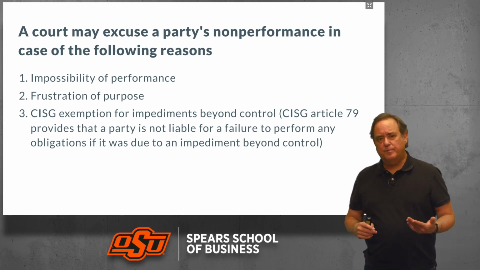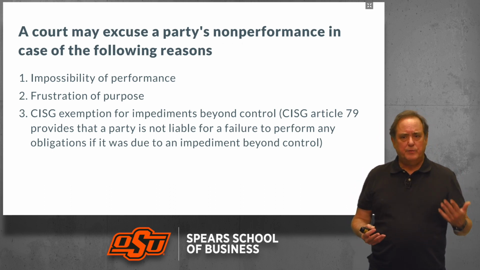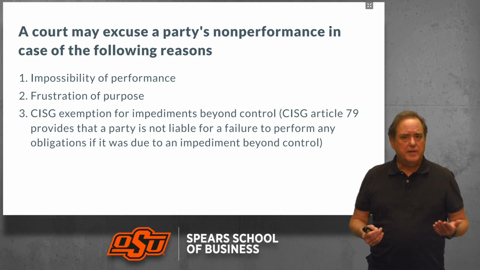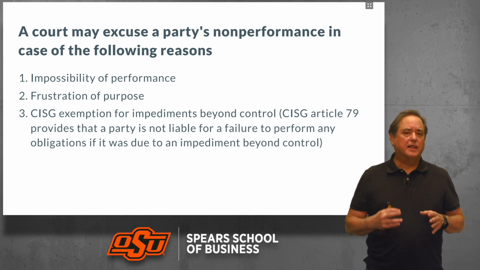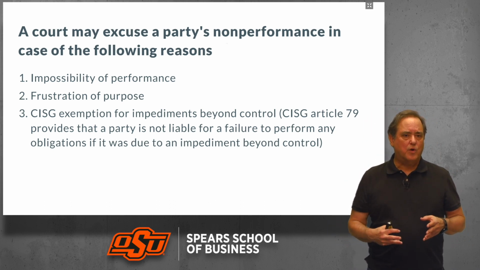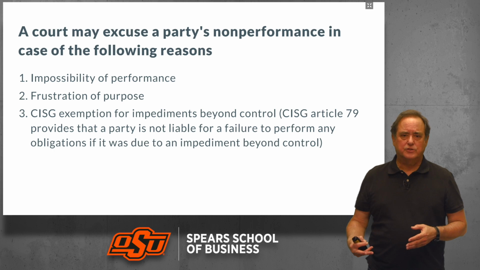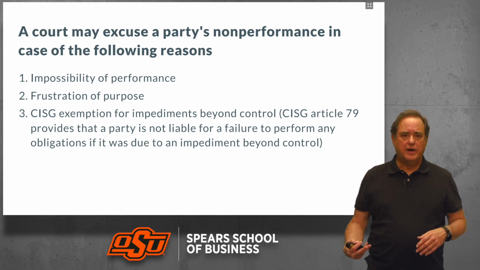The third excuse or exemption or defense that we really need to focus on is what we call impediment beyond control. And CISG Article 79 says that a party is not liable for a failure to perform any obligations if it was due to an impediment beyond control, meaning beyond the control of the parties.